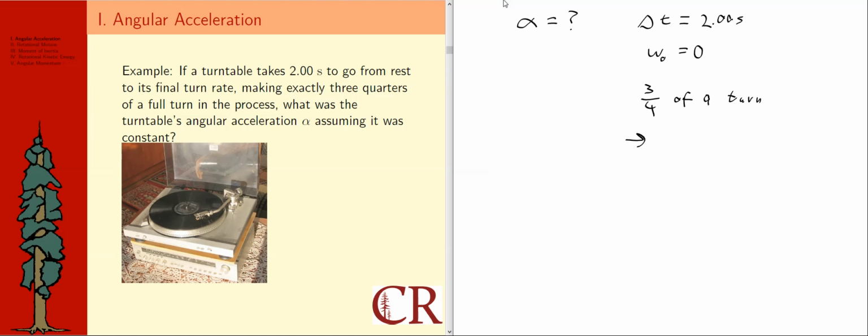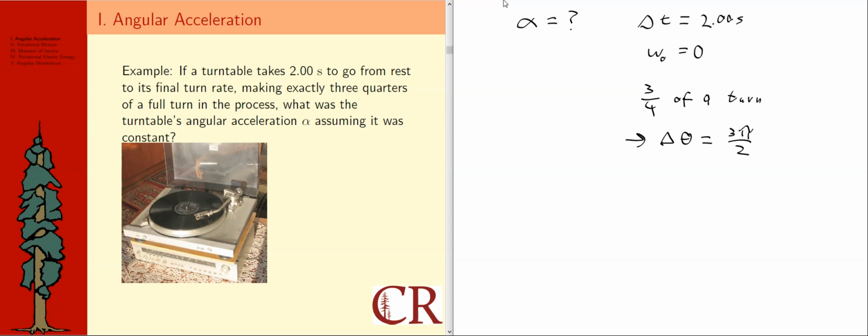If I remember my unit circle, the quadrantal angles are pi over 2, pi, 3 pi over 2, and then 2 pi. But 3 pi over 2 really represents 3/4 of a full turn. So maybe I could write that as delta theta is equal to 3 pi over 2.